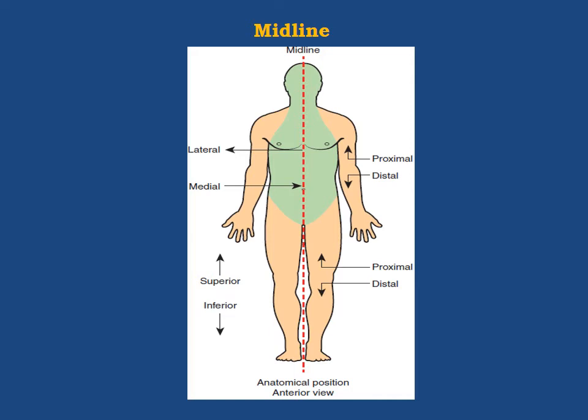I can say the knee is proximal to the ankle. But if I want to talk about which is farther from the point of attachment, I say the ankle is distal to the knee. All right? So this is just an example. We have two other words, as you can see here in the slide, superior and inferior.